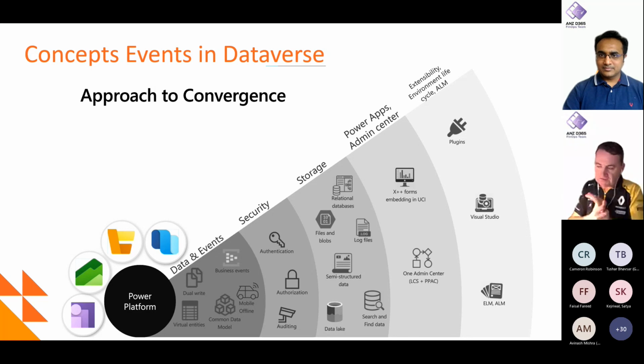So your finance system does your finance, your HR does your HR, but then those 20 or 15 or 10% of things that the core application can't do, that's when we dip into the Power Platform. But we can only do that if we've got convergence between business applications and the Power Platform.